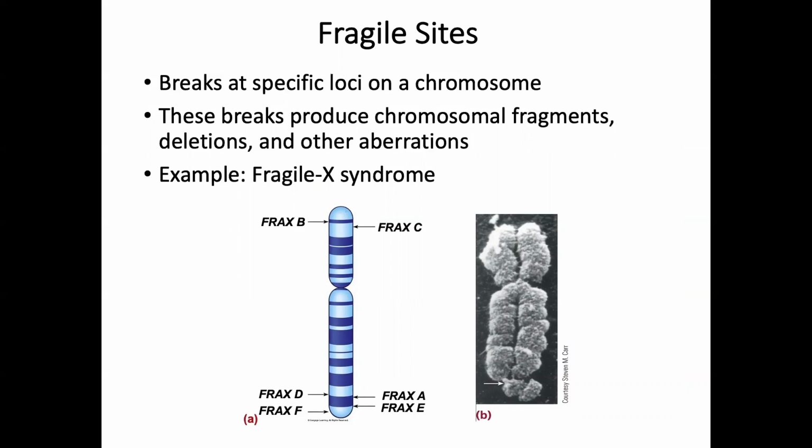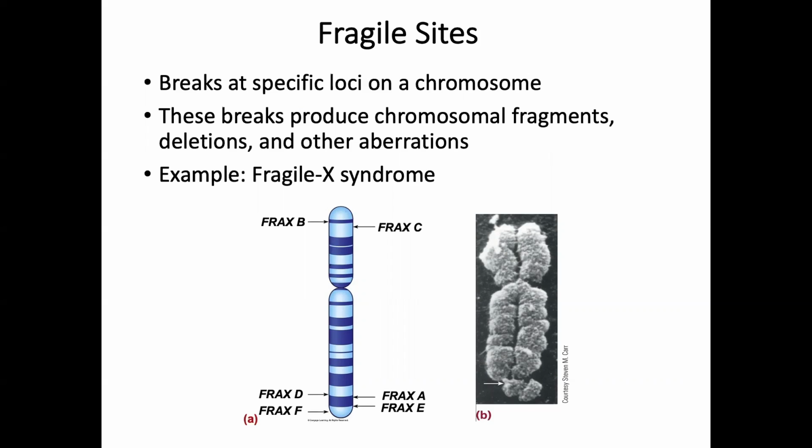Based on their frequency, fragile sites are classified as common or rare. Okay, common fragile sites are considered part of the normal chromosome structure and are present in all or nearly all individuals in the population. But rare fragile sites are found in less than 5% of the population and are often composed of 2 or 3 nucleotide repeats.